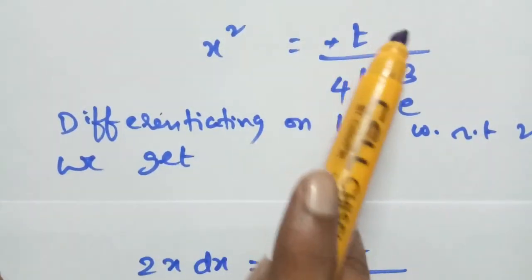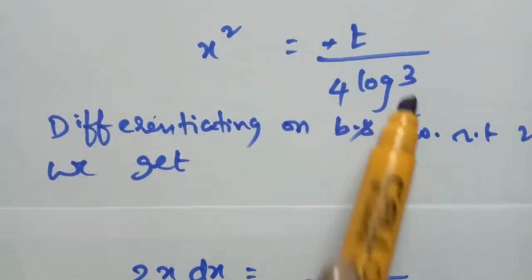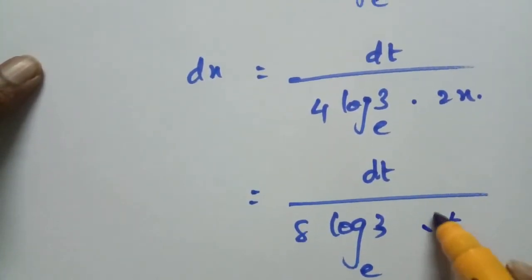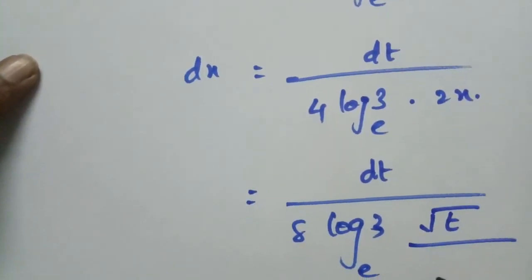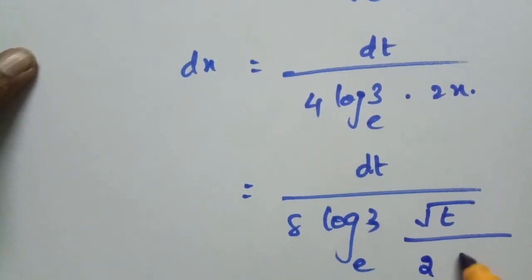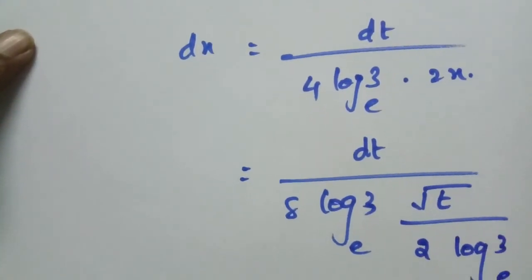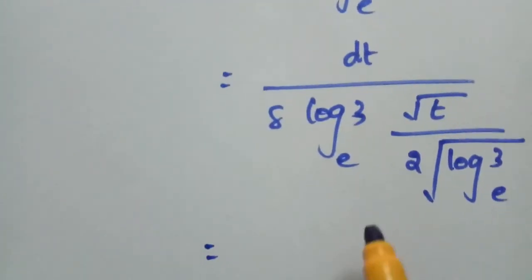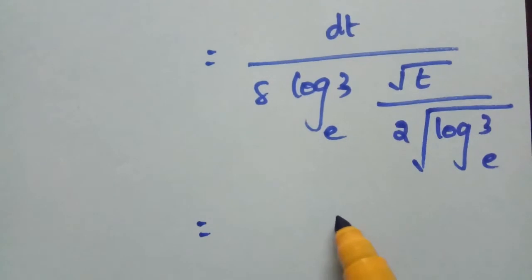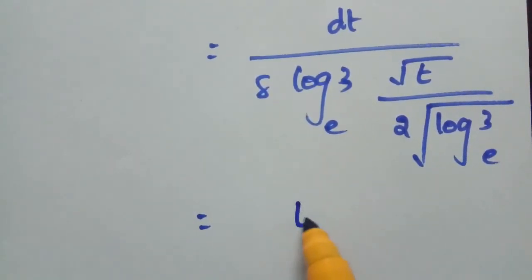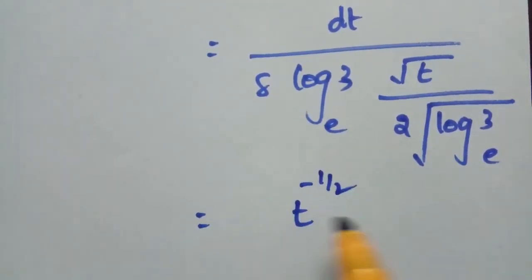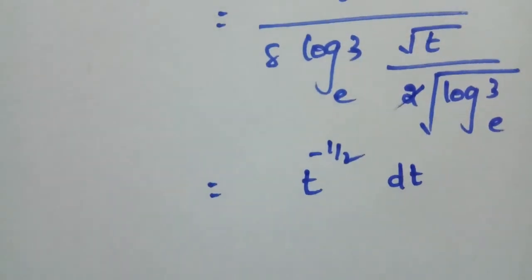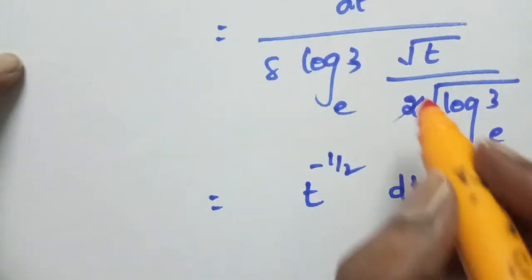Therefore x is equal to square root of t by square root of 4 log 3 base e, that is, square root of t by 2 square root of log 3 base e. Therefore, simplifying this, t to the power of minus 1 by 2 into dt by 2 ones are 2, 2 fours.